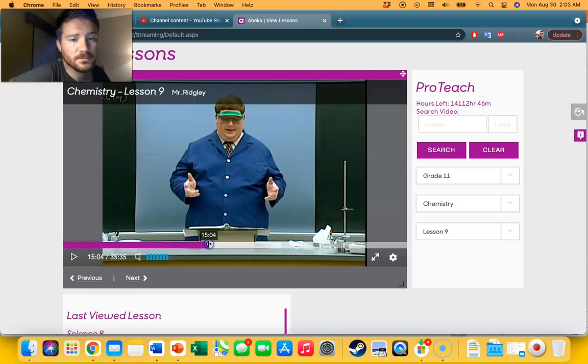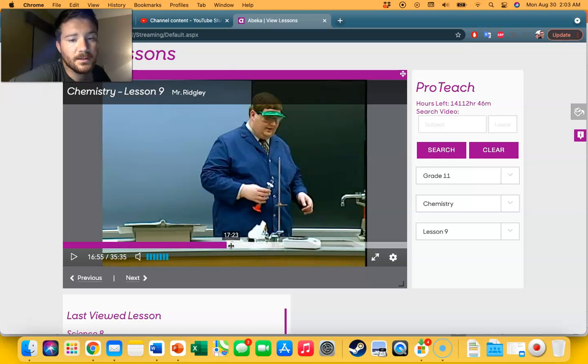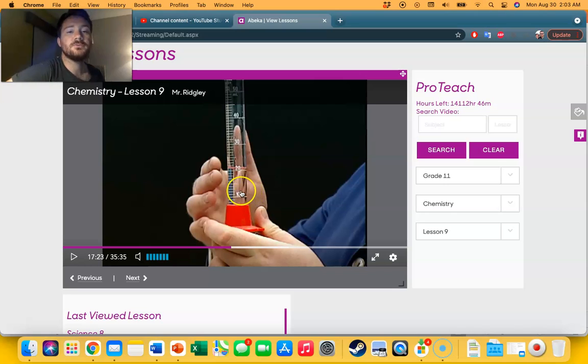Now, he also decides to use a graduated cylinder, and he shows you how to read a graduated cylinder. When you read a graduated cylinder, you want to put it flat on the ground or on the table. You want to wait for it to level out. Then you want to read the bottom of this part, the meniscus.